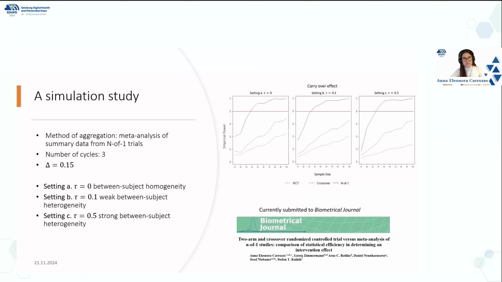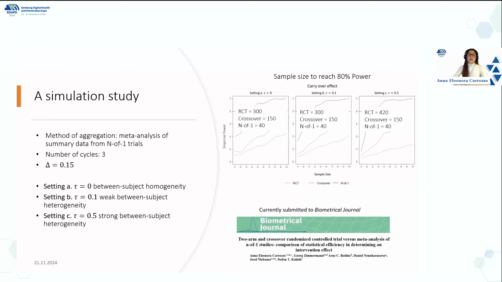Actually, the other procedures never reach the desired power for the sample sizes considered in this study. Indeed, the sample size necessary to reach the 80% of power for the other two approaches in the different scenarios goes from 300 to 420 for the randomized control trials, and is around 150 for the crossover, against the only 40 required by the N01.